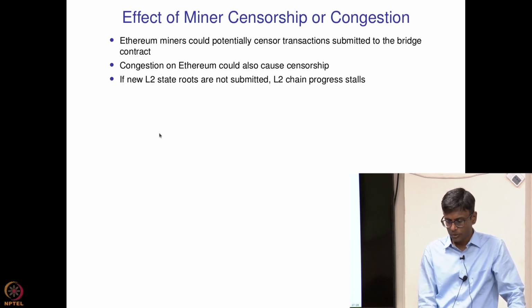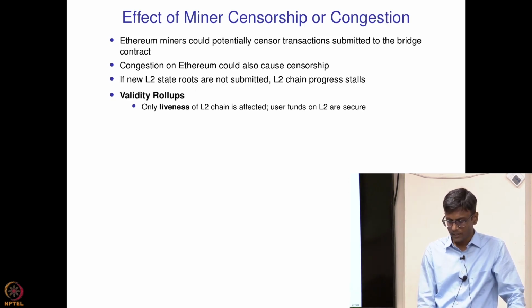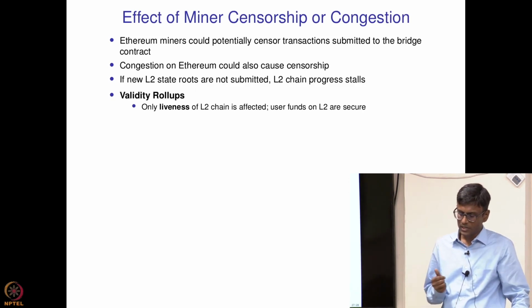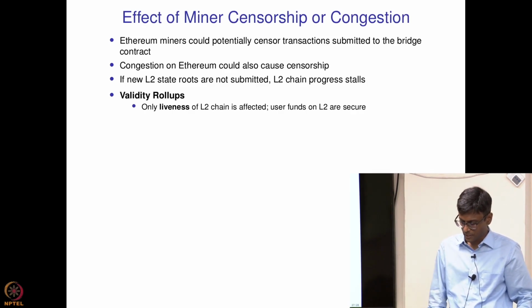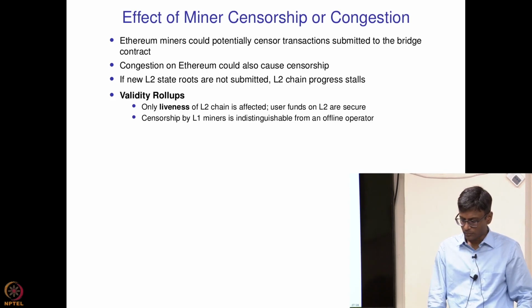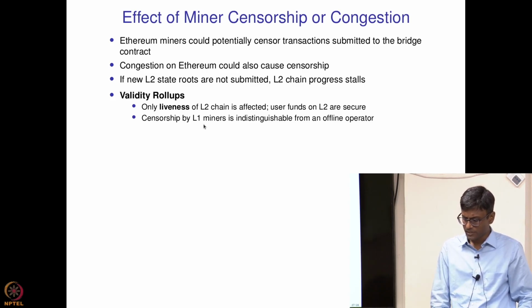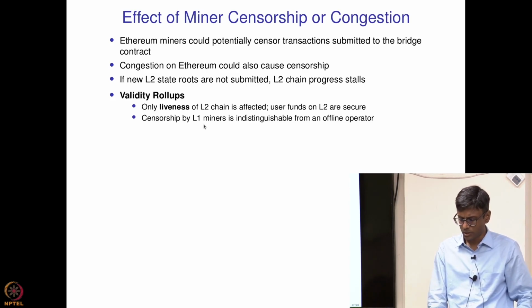If no new L2 state roots are submitted, then the layer 2 blockchain will stop progress. In validity rollups, only the liveness of the chain is affected, that is no new transactions will be happening, but the funds are secure. Censorship by L1 miners is indistinguishable from an offline operator, so eventually you can get your funds back.